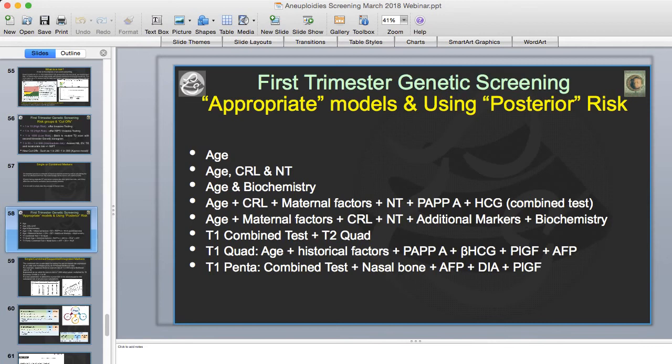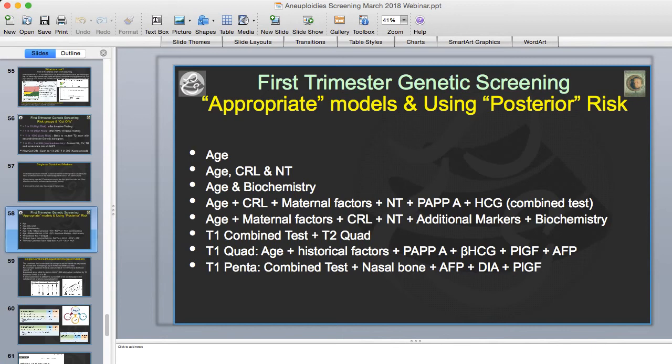That means the age plus CRL plus maternal factors plus NT plus PAPP-A and free beta HCG plus nasal bone plus alpha fetoprotein plus dimeric inhibin A and PLGF, placental growth factor, with an excellent screen, very high screen for aneuploidies as well as a great screen for preeclampsia. So this is the direction into which we seem to be moving over the next few years.